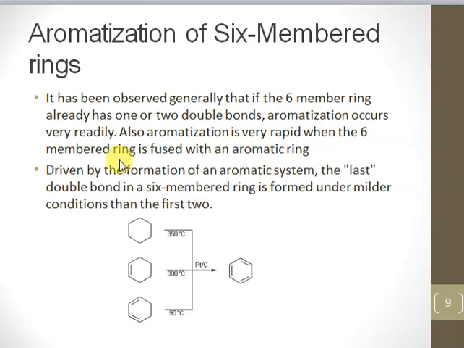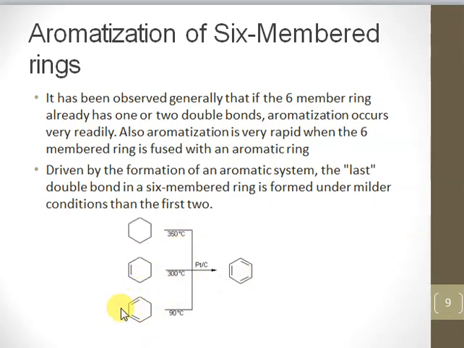Okay, let's consider these 3 systems and compare the temperatures. If we have no double bond in the 6-membered ring, a temperature of 350 degrees C is required to convert the cyclohexane into benzene. But if you have a double bond already existing in the system, then a temperature of 300 degrees is required.